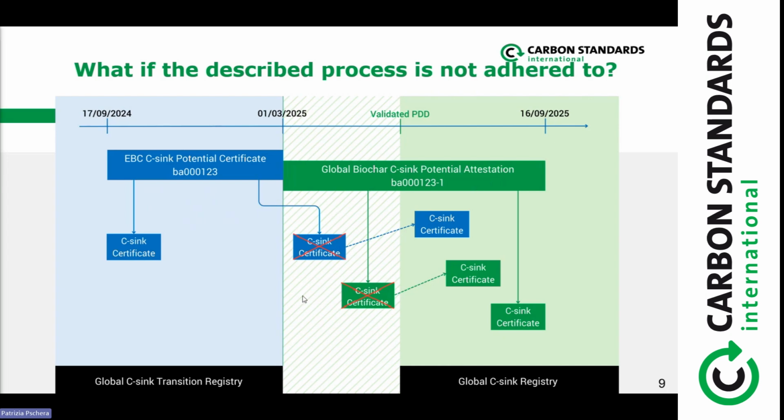And so that means that whatever you would like to issue between the 1st of March and the date when you have a validated PDD would be postponed until the public documentation is ready and all the requirements of the Global C Sink registry that include the public documentation can be fulfilled.